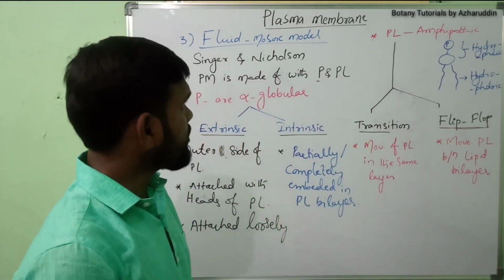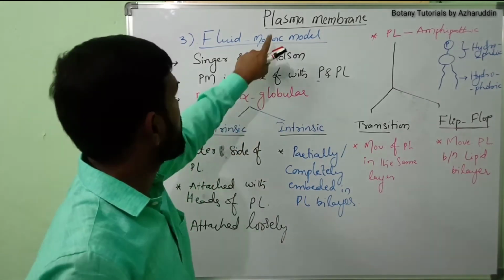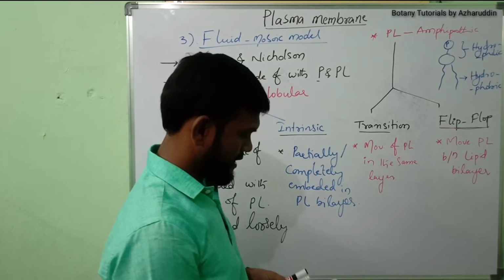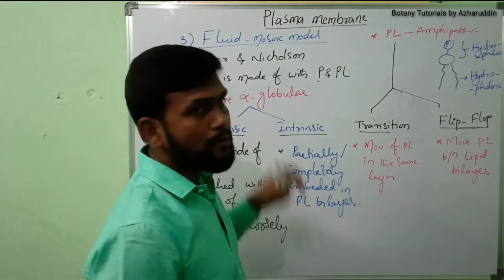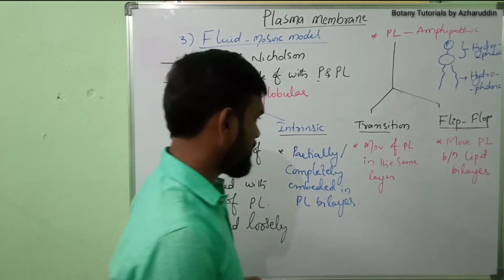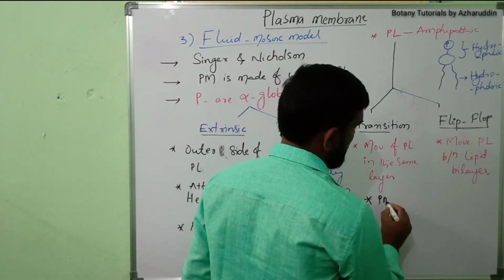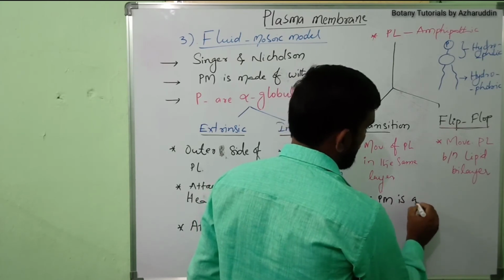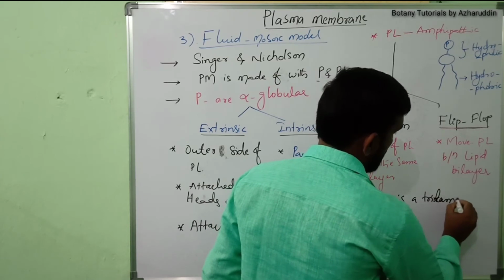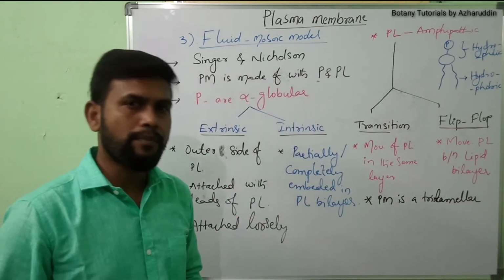Next, Singer and Nicolson explained the structure of the plasma membrane. In that, they said the plasma membrane is a trilamellar structure. Trilamellar means three layers are present.